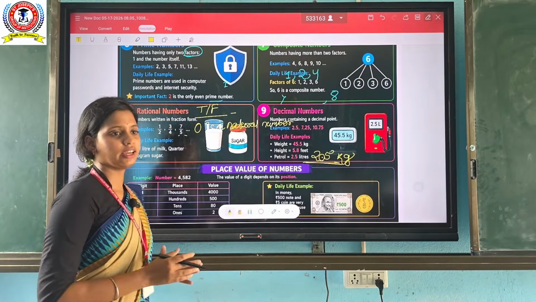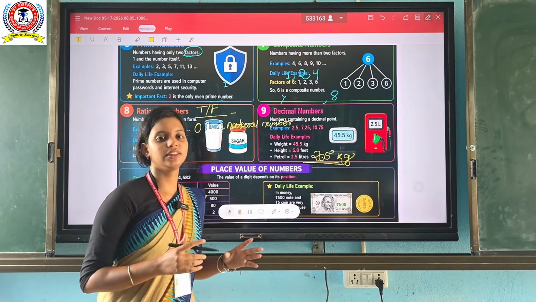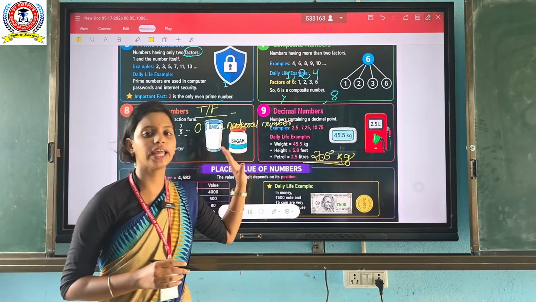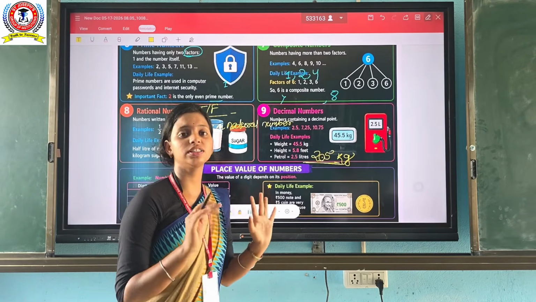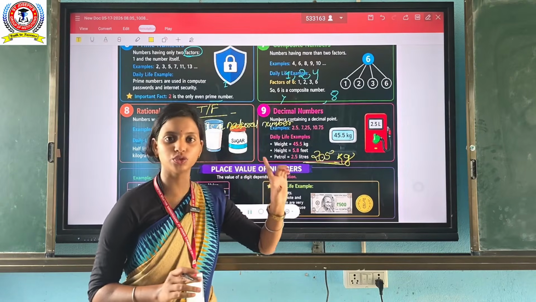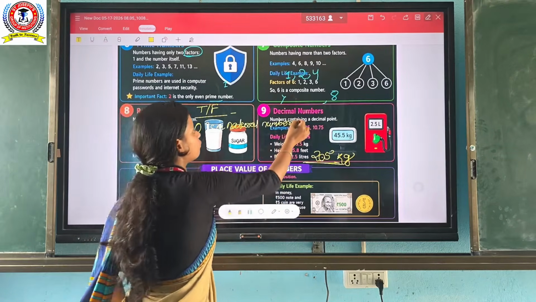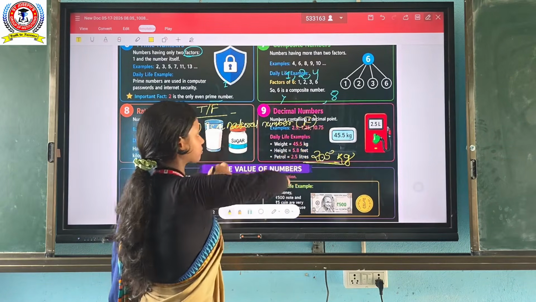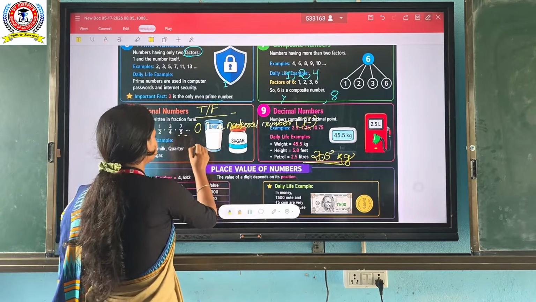Is 0 a natural number? No, it is not, because where did natural numbers start from? Natural numbers started from 1. So it's false.